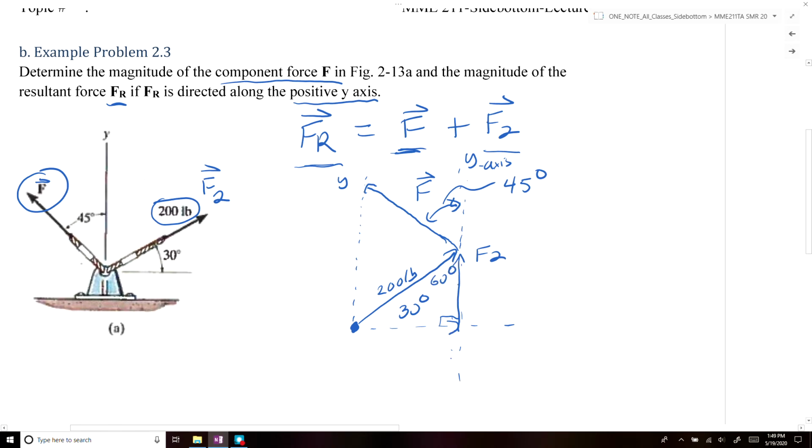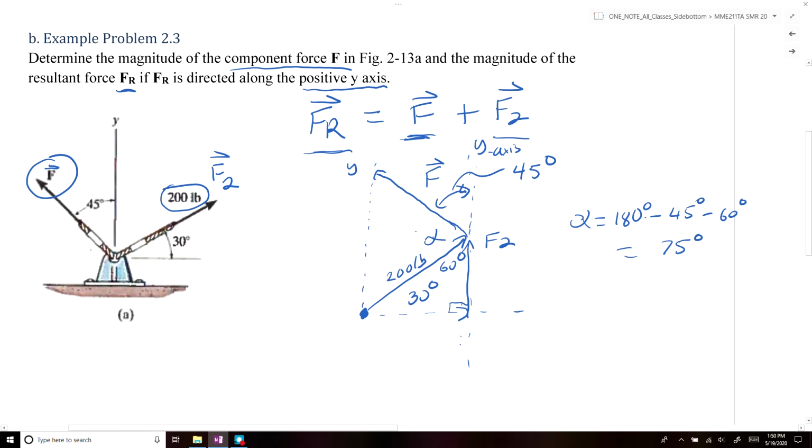Along the y-axis, we have a 60-degree angle and a 45-degree angle. So this angle, which I'll call alpha, is equal to 180 degrees minus 45 degrees minus 60 degrees, which is equal to 75 degrees.